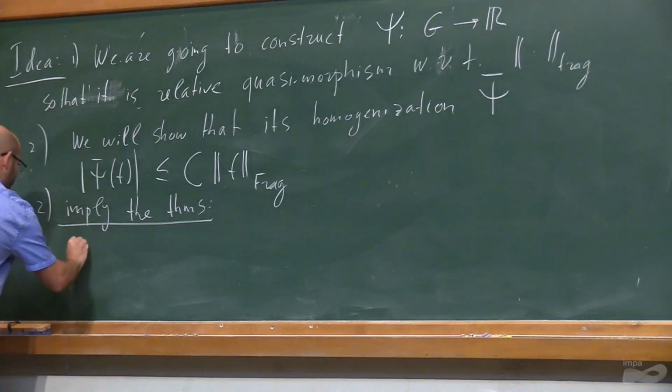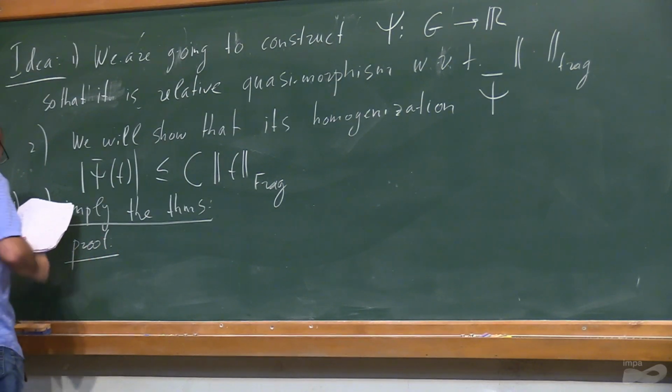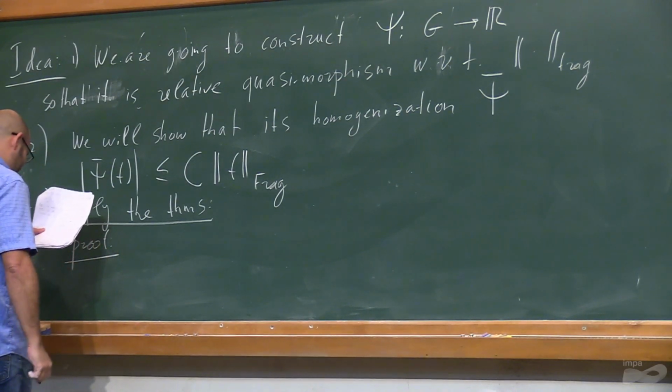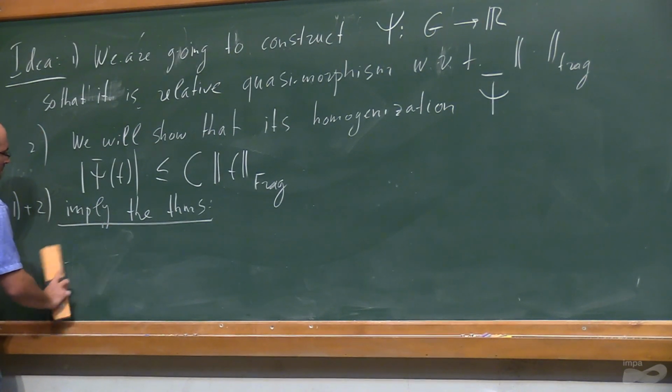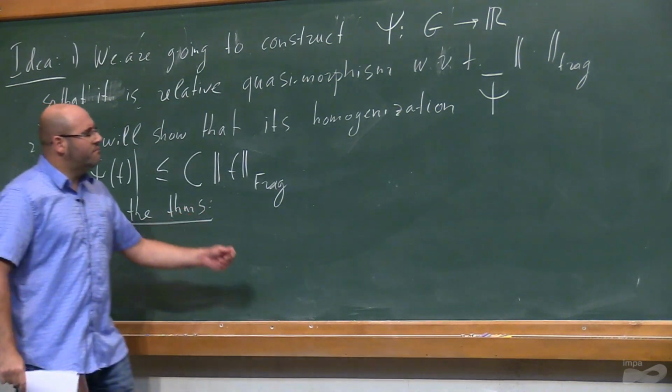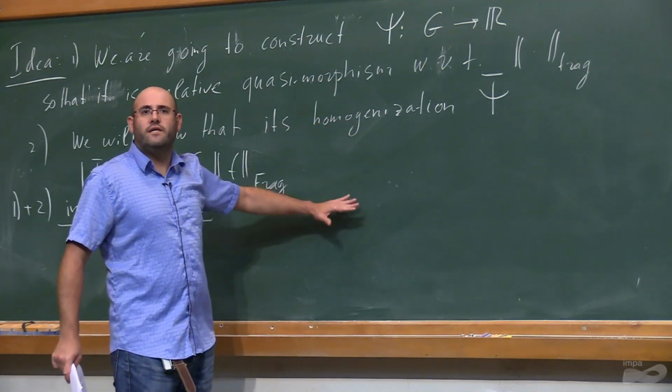Maybe proof. I will write it a little bit later. It's still one line, but I need certain notation for this. Okay, so this is the idea of the proof.